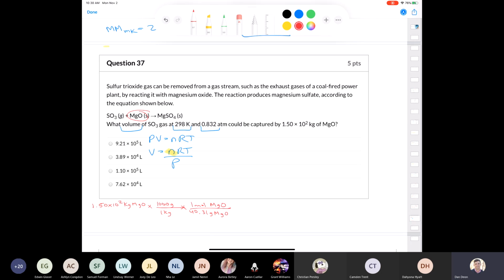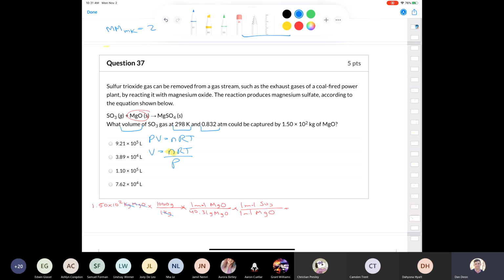From my balanced equation, for every 1 mole of magnesium oxide consumed, I also consume 1 mole of sulfur trioxide. If we work all of this out correctly, let's check.